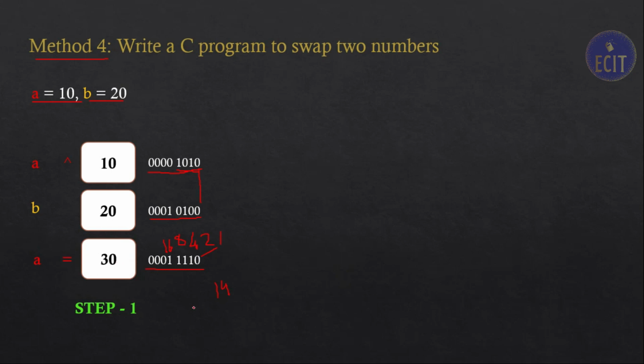So here we need to add 16 to it, so the total will be 30. So in this way we will get the value of a equal to 30 after the XOR operation.